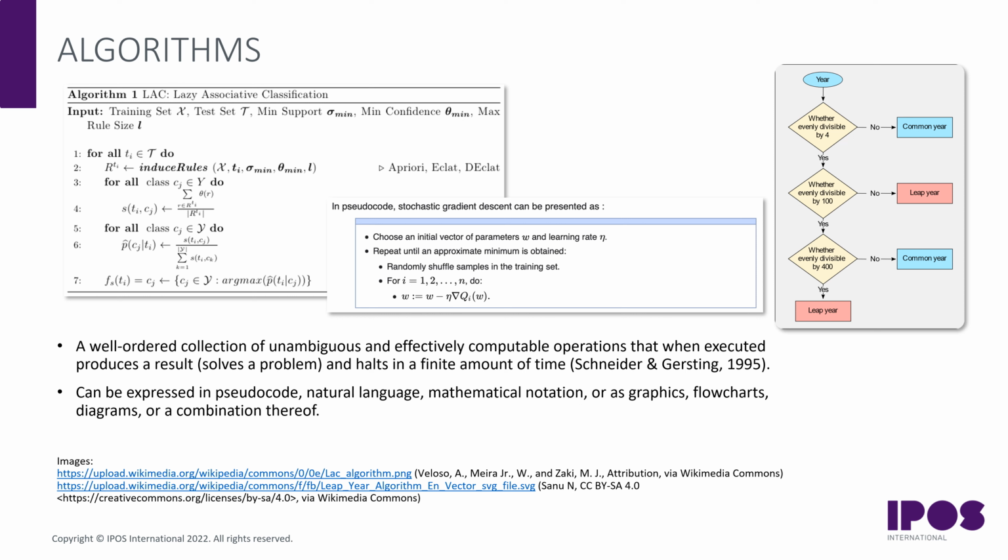So in other words, an algorithm is a description of a solution that can effectively be executed by a computer. And usually an algorithm is intended for other humans, so it can be expressed in any form that another human would understand. This include pseudocode, natural language, mathematical notation, graphics, flowcharts, and diagrams.